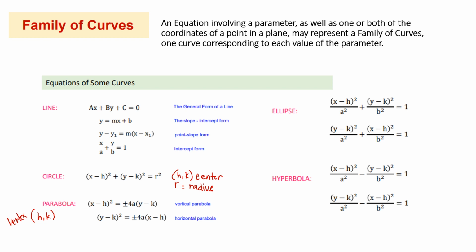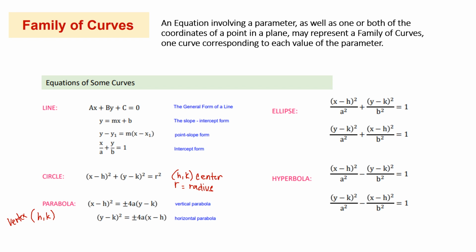And also for our ellipse, (x - h)^2/a^2 + (y - k)^2/b^2 = 1, and (y - k)^2/a^2 + (x - h)^2/b^2 = 1.